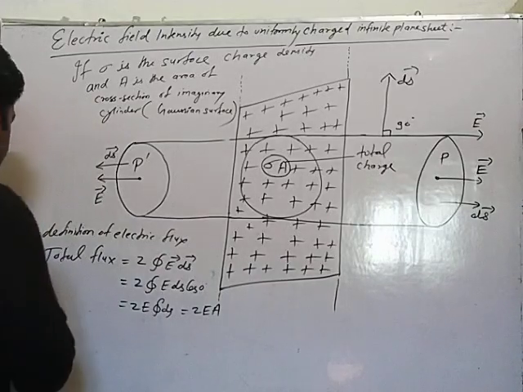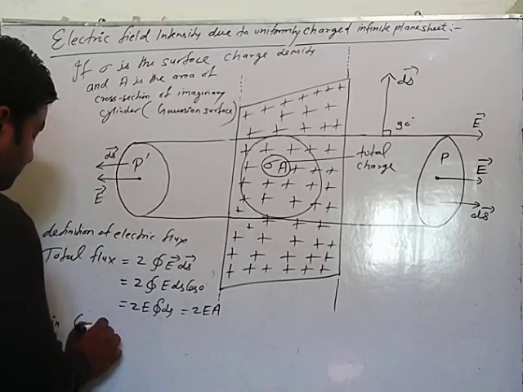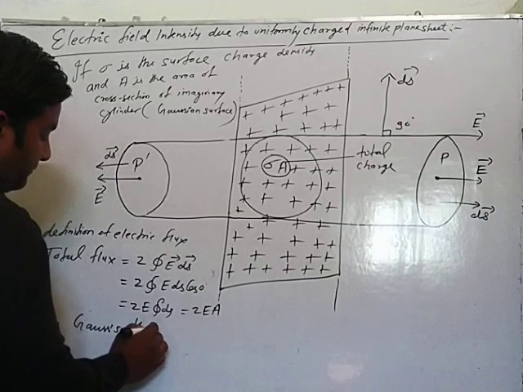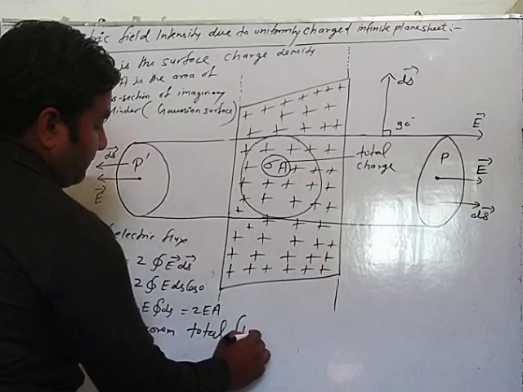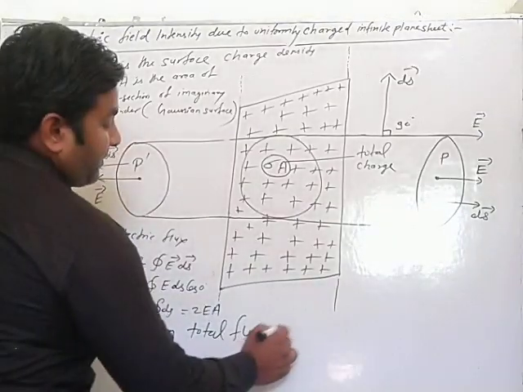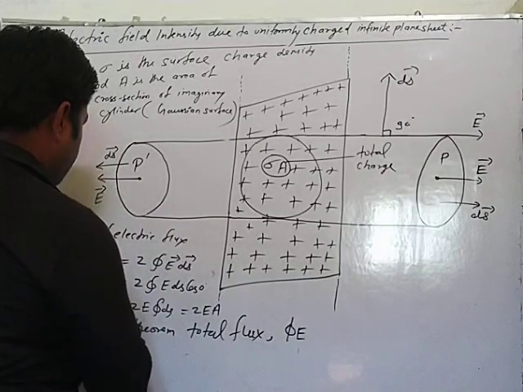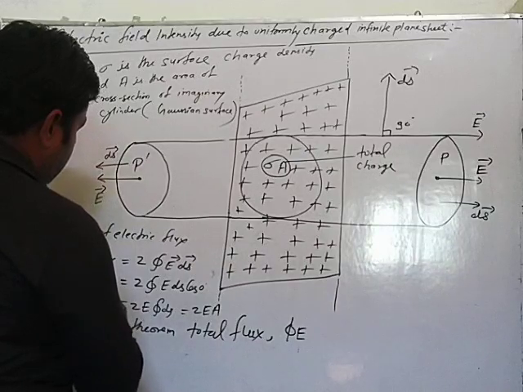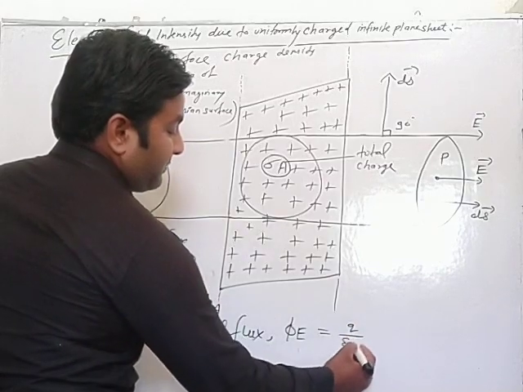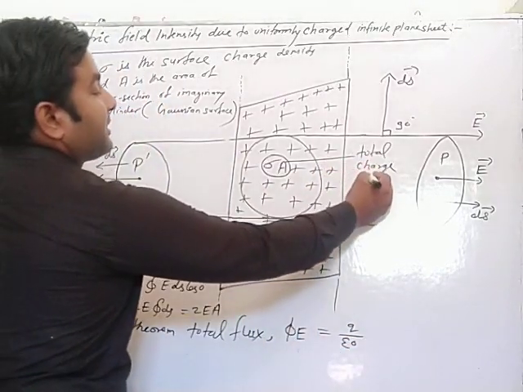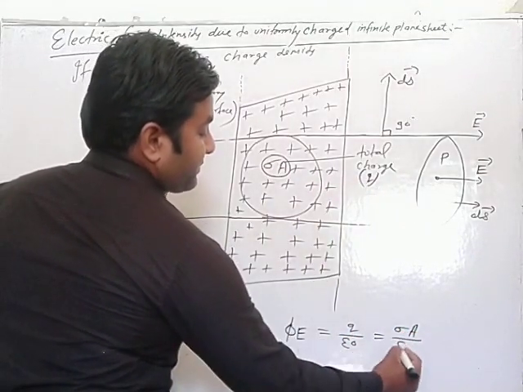Then again, by Gauss theorem, total flux phi E is equal to Q upon epsilon naught, and here Q means the total charge, whose value is sigma A upon epsilon naught.